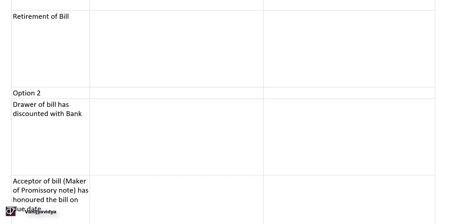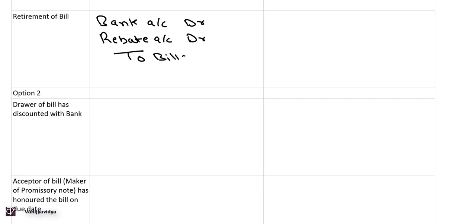The entry in the books of the drawer will be, he will receive some amount, so bank account debit. Now he will provide some rebate, that is a discount for the early payment, so that is like an expense. So rebate account debit. Against what? Against that bills receivable. So to bills receivable account.